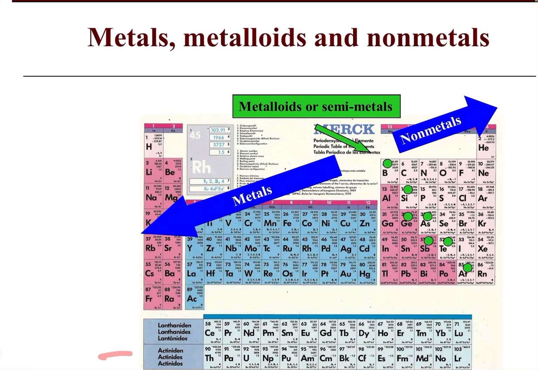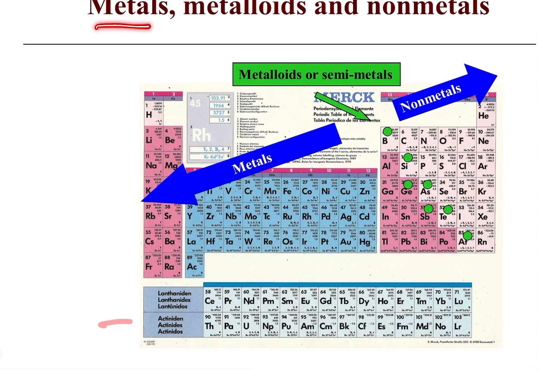One of the important things is that we have metals, nonmetals and metalloids. A metalloid is a semi-metal, which can have properties of both a metal and a non-metal.